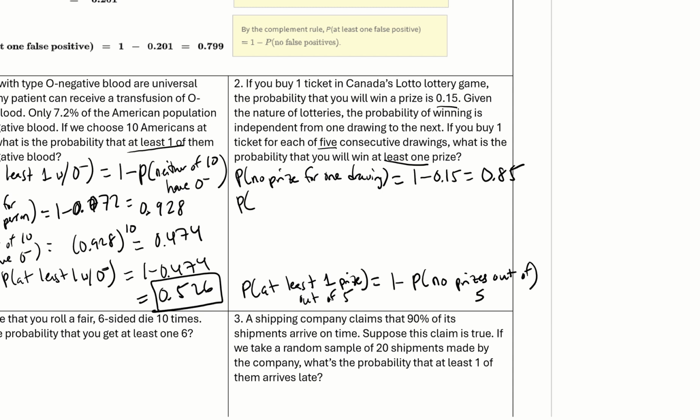And then the probability of no prizes out of 5, right? So no prize and no prize and no prize is 0.85 to the 5th power. Is it 0.44? Let me see. I'm going to double check that.